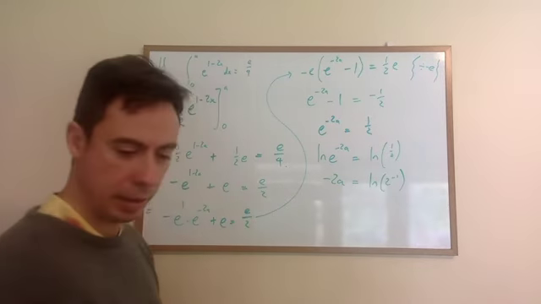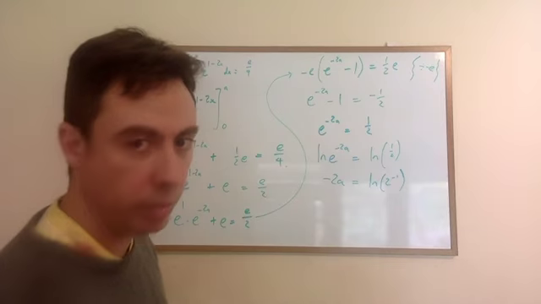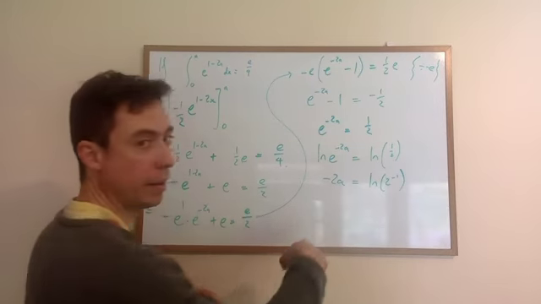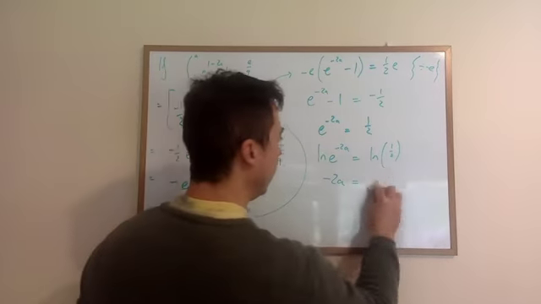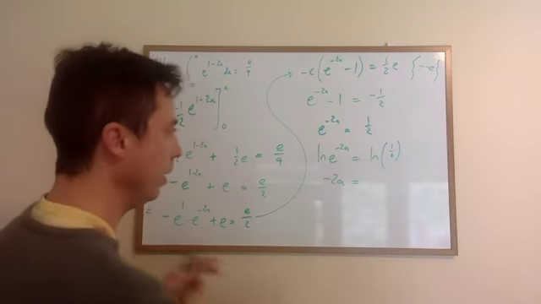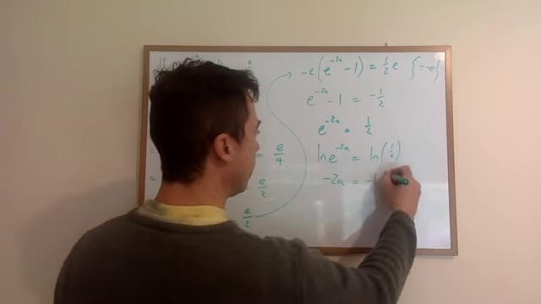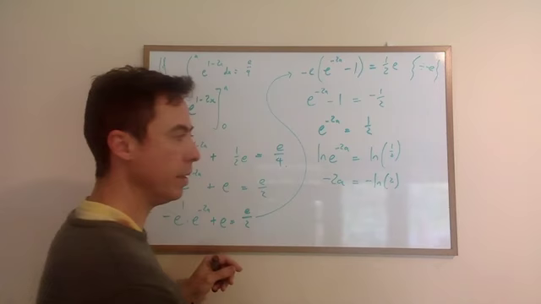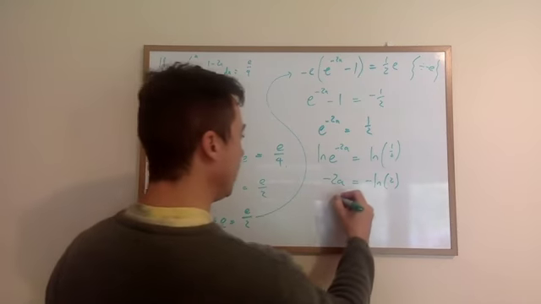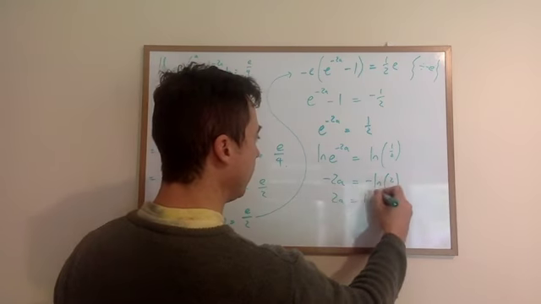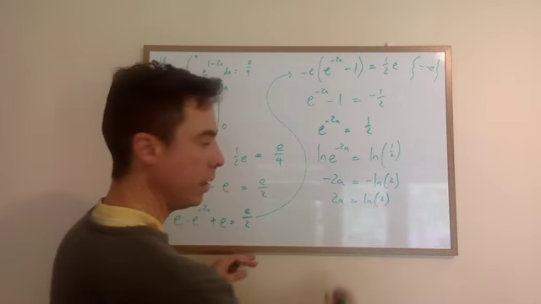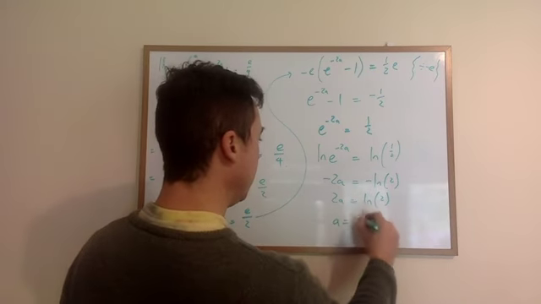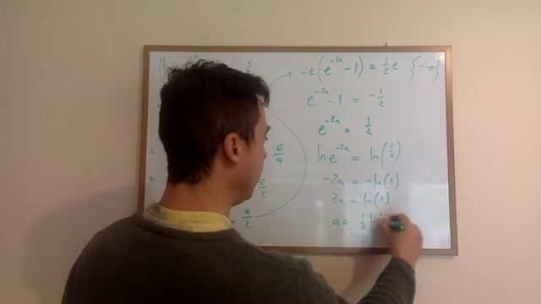You might want to use the log law that says you can bring a power out. So log of a half can actually be rewritten as minus log 2, which would be nice, because then I can say that 2a is log 2. Therefore a is half of log 2.